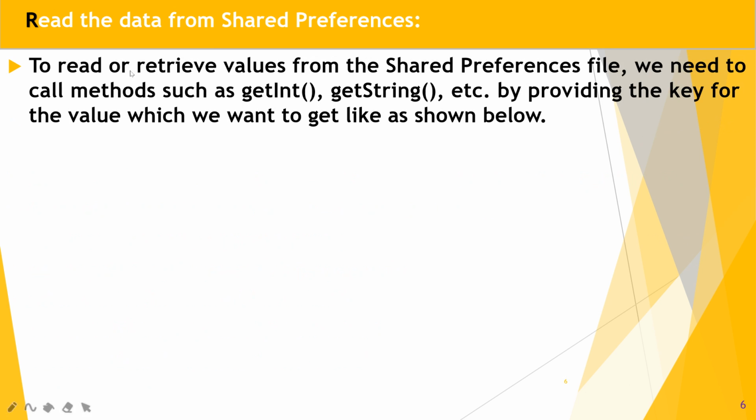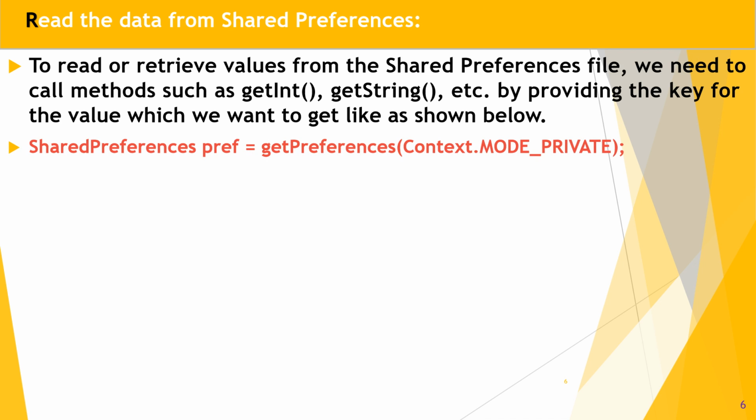So next is how to read the data from the shared preferences file. To read or retrieve the values from the shared preference file, we need to call methods such as getInt, getString, getLong, etc., by providing the key for the value which we want to get, as shown below. So we have to pass only the key, and it retrieves the value related to that key.